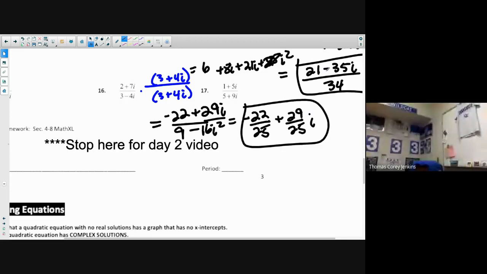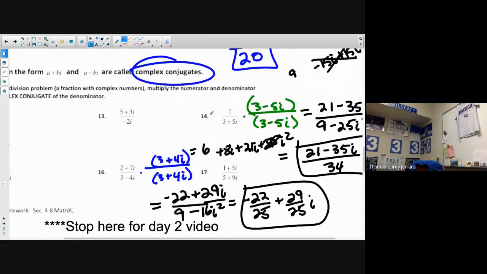So you can try to enter it like I did number 14, but I think they'll want you to split that up as 21 over 34 minus 35 over 34i, okay? Which is how it says it on the notes.